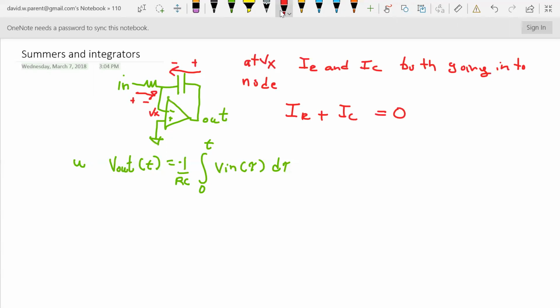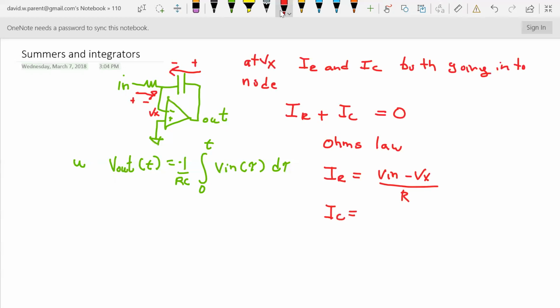Well, then we need Ohm's law. And so IR equals, well, what's the positive side? V in minus the negative side, Vx, divided by R. We have IC.